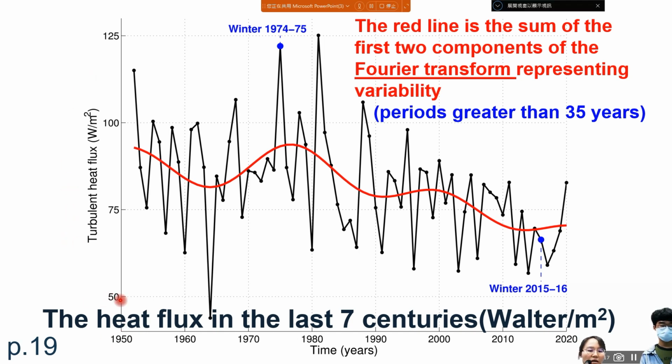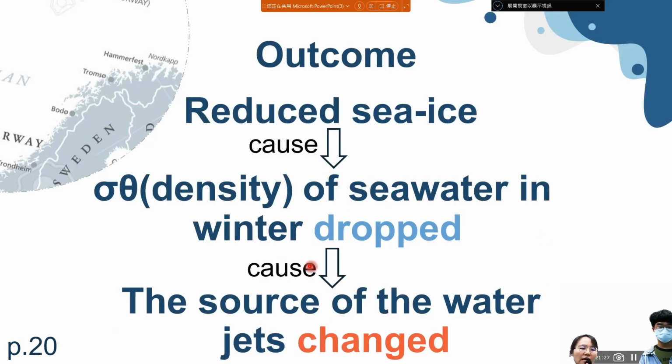And I think you want to use this to tell us that today we have a warmer ocean, right? Okay, and one more thing: next time for potential density, I would appreciate it if you use the term lowered instead of dropped.